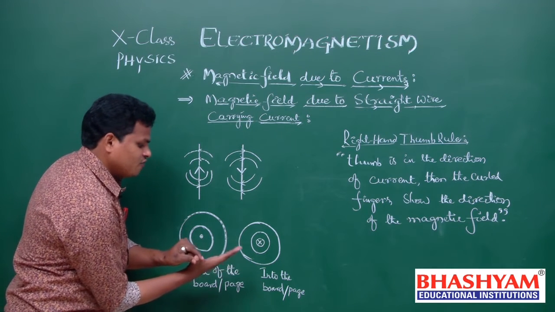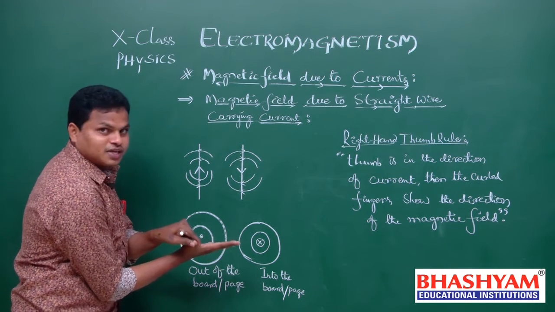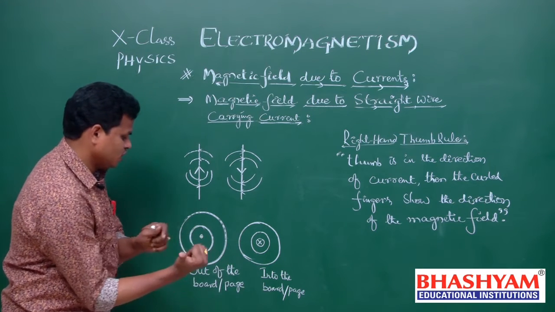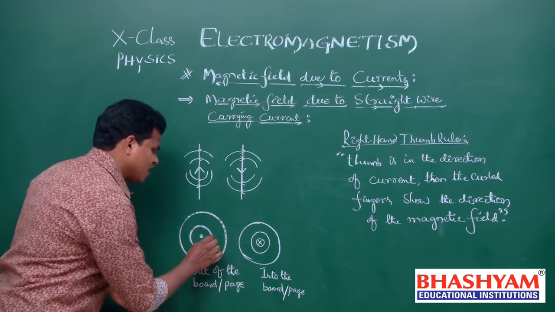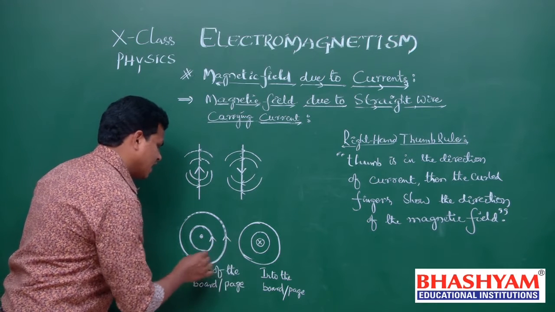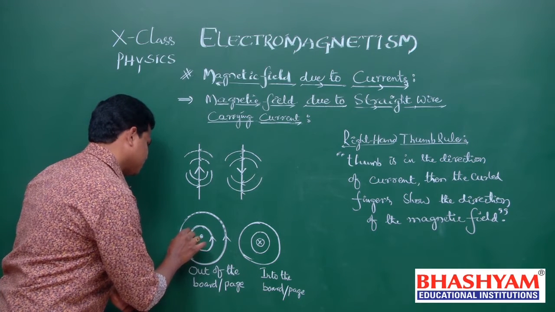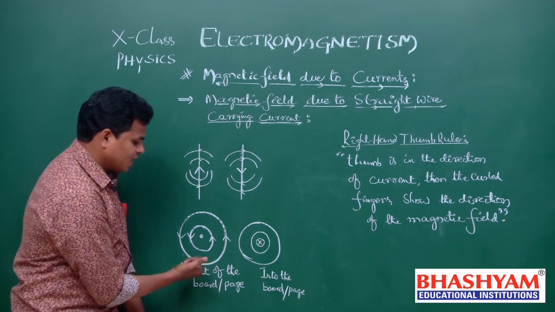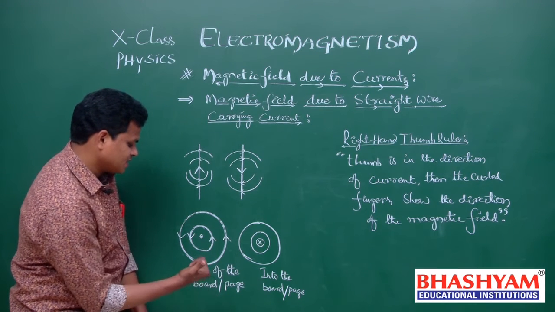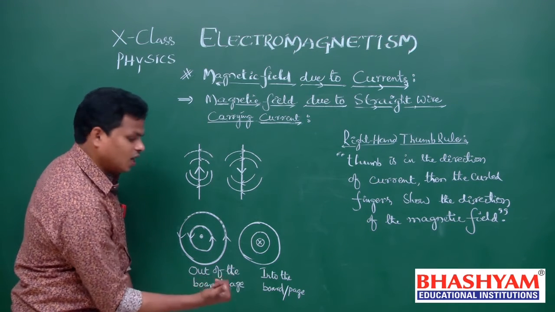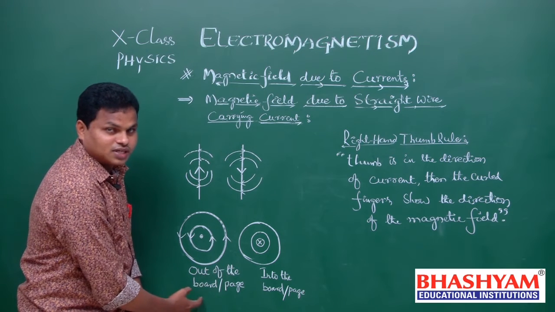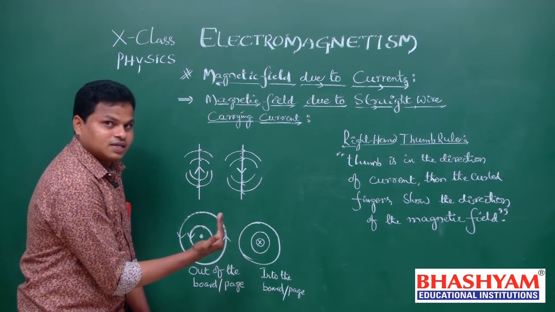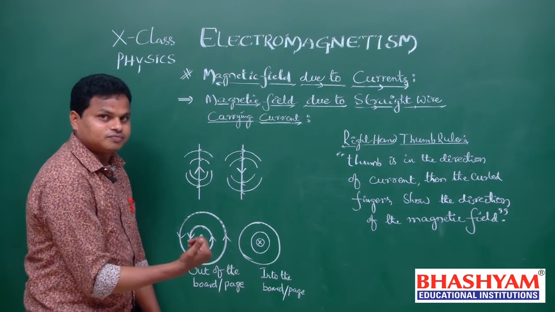The curled fingers show the direction of the magnetic field. That's why the direction of the magnetic field is anti-clockwise. When the current passes out of the board or out of the page, the direction of the field lines is anti-clockwise.